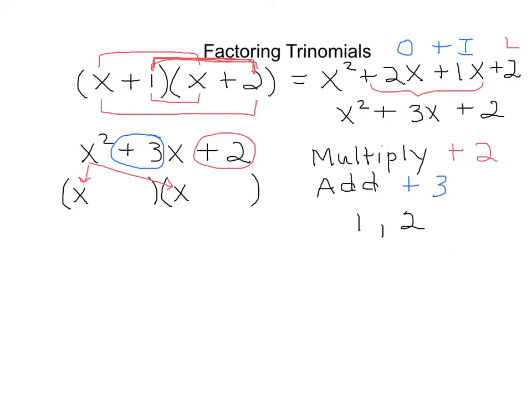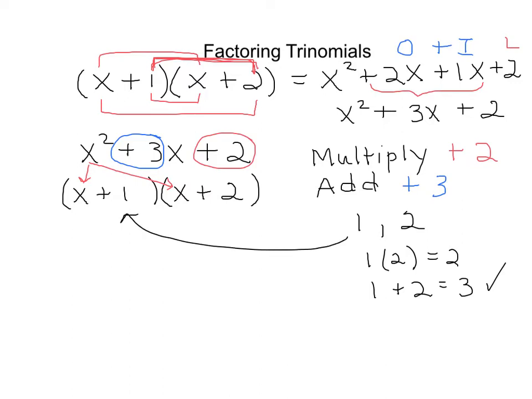So there's not a lot of choice here, and we note that 1 times 2 gives us 2, and 1 plus 2 gives us a 3. So you see how those numbers, plus 1 and plus 2, would work and meet our criteria, and that's why those numbers go into the factors.